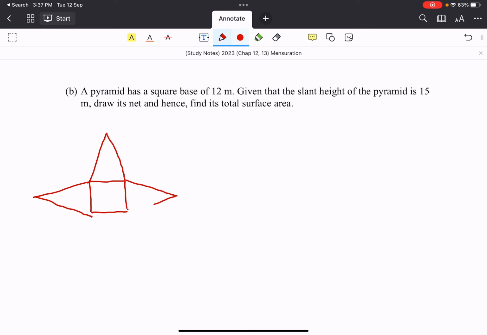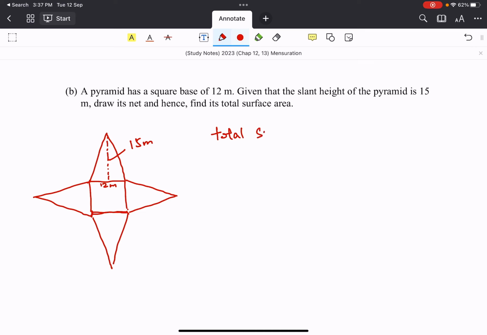Pardon my drawing; if you use a ruler on your paper, it will probably look nicer than my freehand on screen. We have 12 meters here, and this length over here is 15 meters. From here we can find the total surface area.